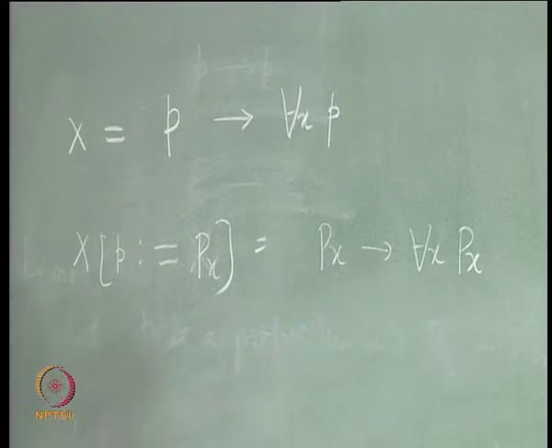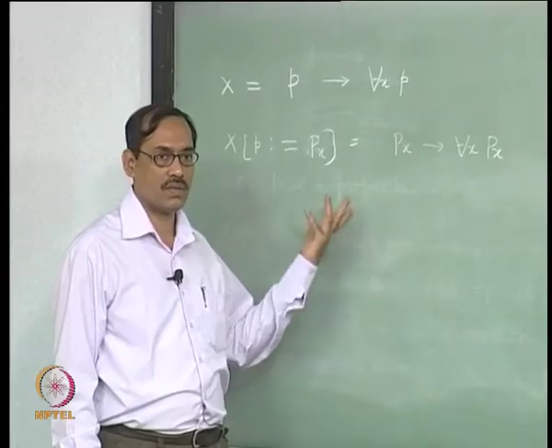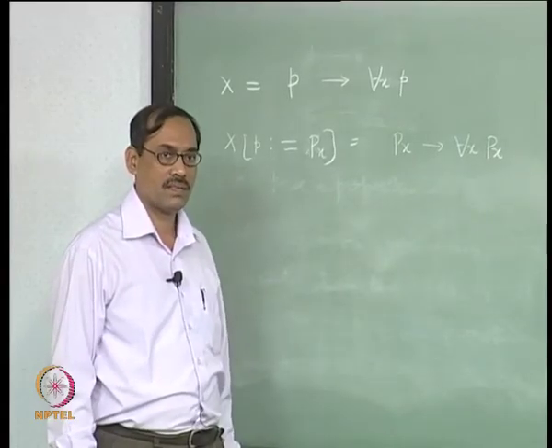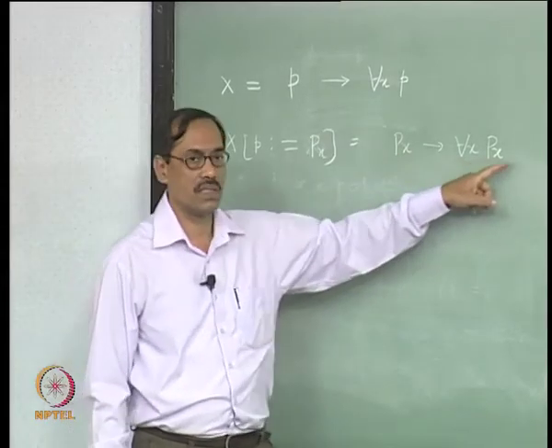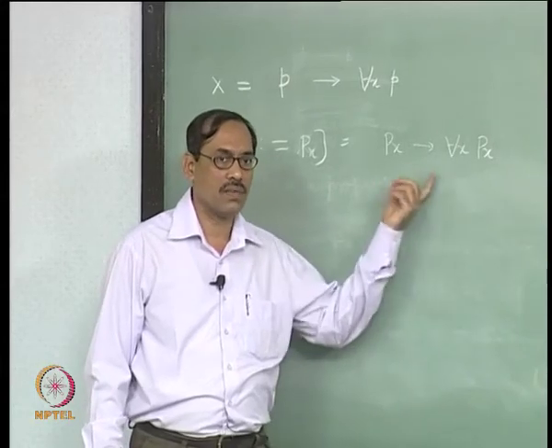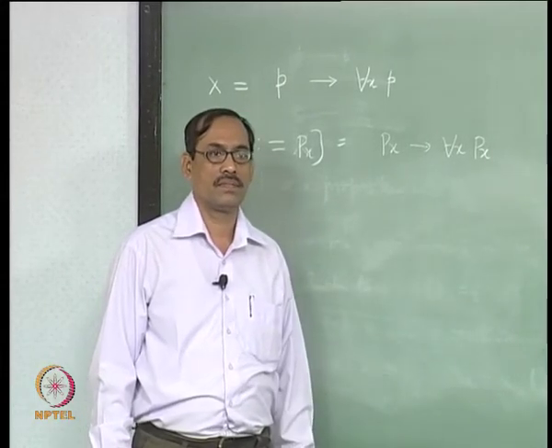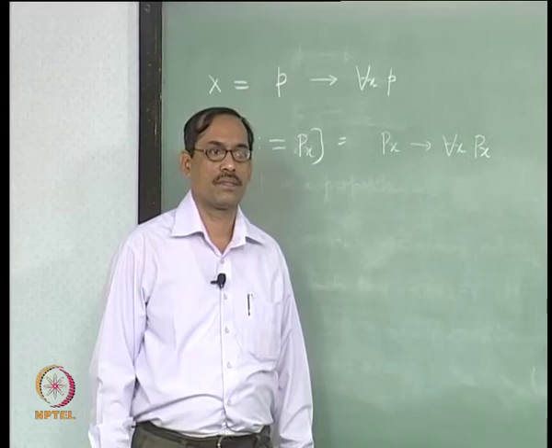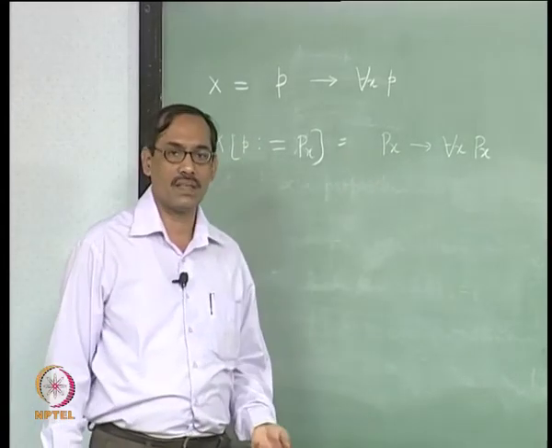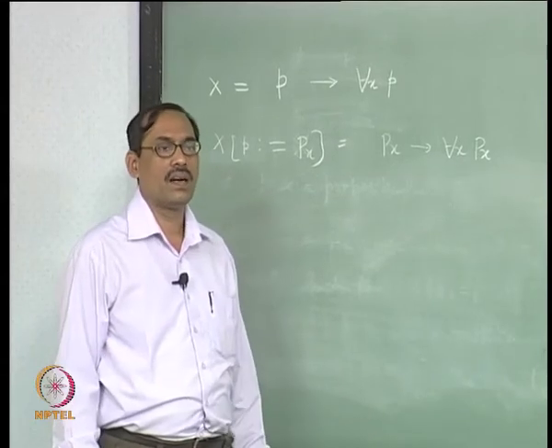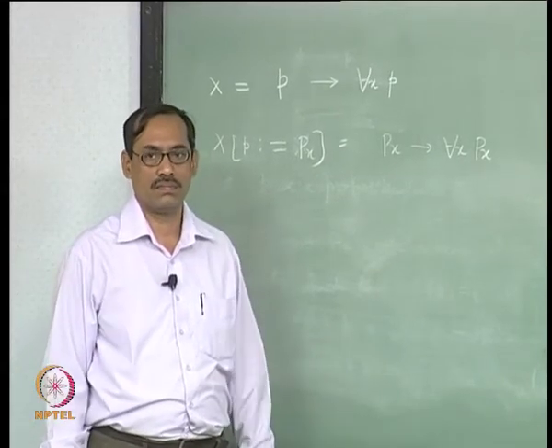When a variable is being captured, I have just substituted this p by p(x). Formally, this is how substitution will work. So, what I get from this is p(x) implies for each x p(x). This is not valid. Take one state where x becomes 2.